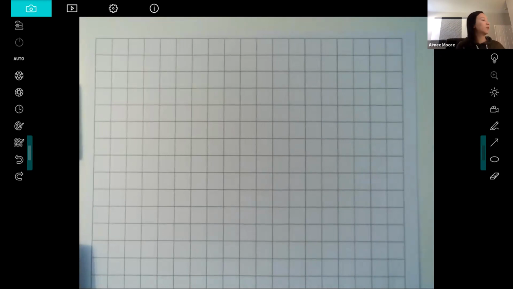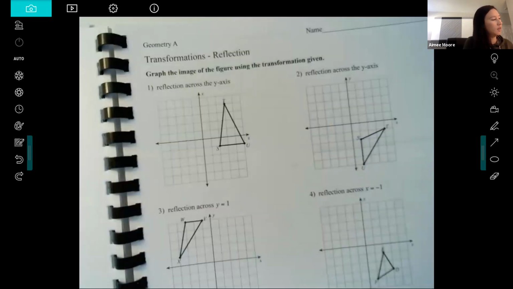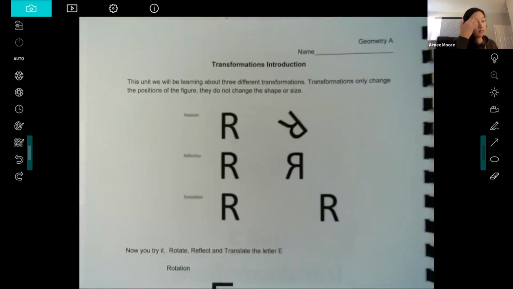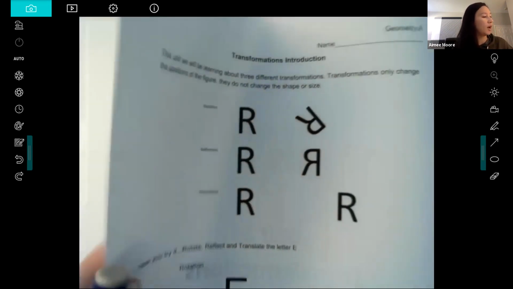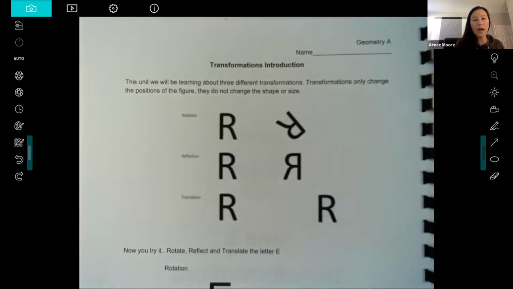Actually, before we do that, there's a little intro. The first assignment. So it's the second page up, the back of the first page after the Unit 3 tab.